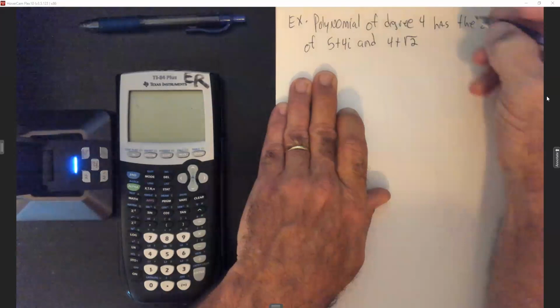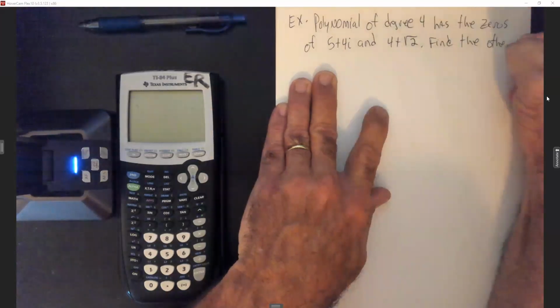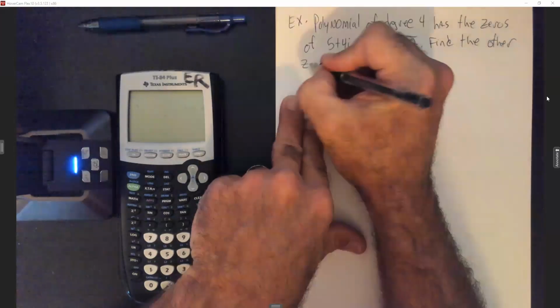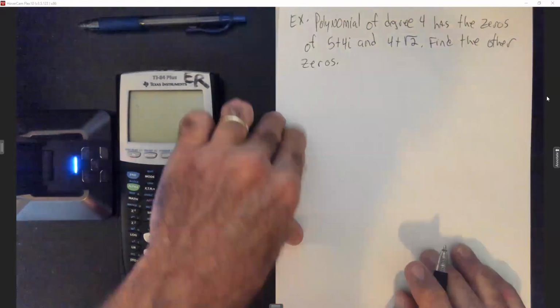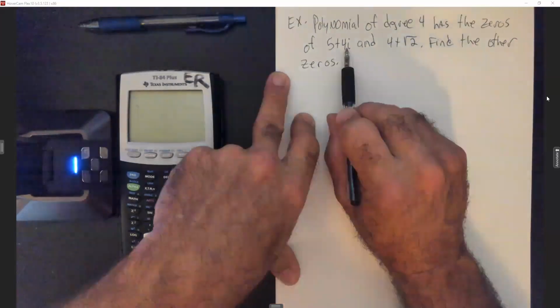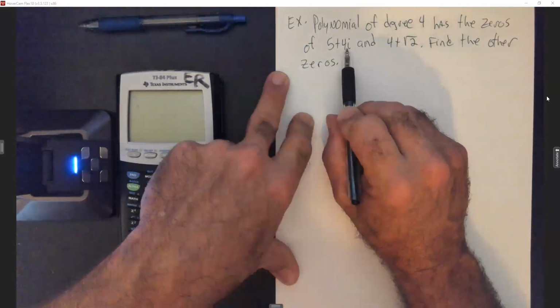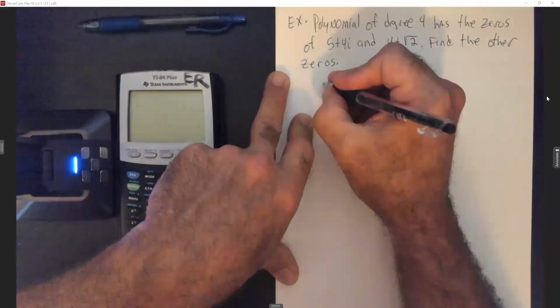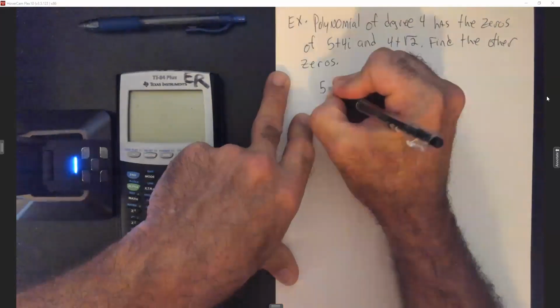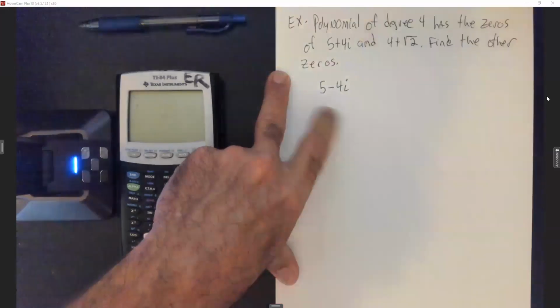Find the other zeros. All right, let's see what I know about these. This is imaginary, and we said a while ago, imaginary zeros come in conjugate pairs. So remember, you do not change the sign of the 5. You only change the sign of the imaginary part. So that would be 5 minus 4i.